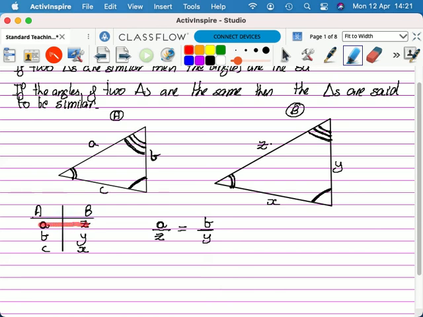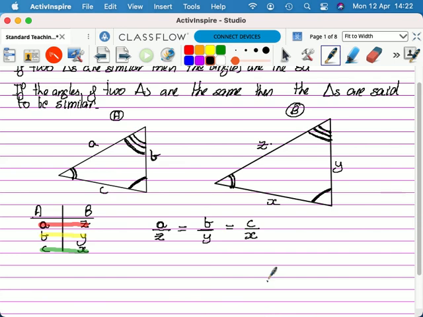A divided by Z is going to be the same as B divided by Y, and it will also give the same answer as C divided by X. And that is basically the introduction and the finish of similar triangles.